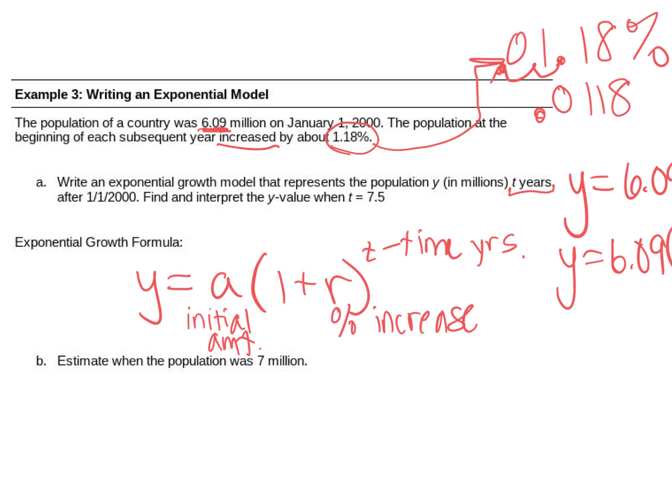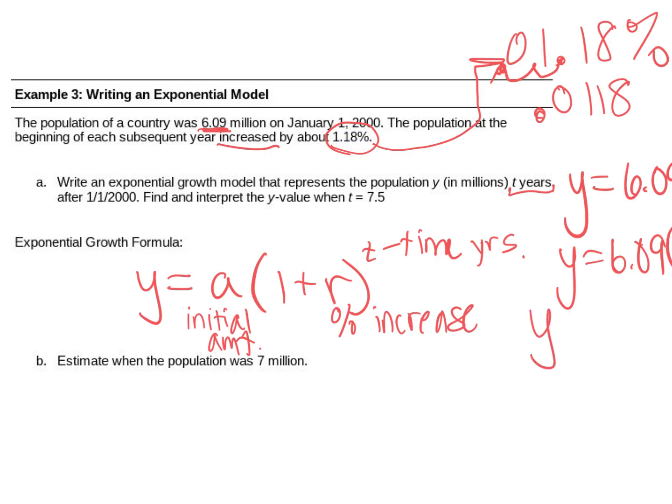So that would be January 1st, 2006, I believe, about halfway through. Oh, never mind. You can't think of it that way. Nope, don't think of it that way. Because it's the amount of years after that year, which still confuses me, but here we're at. So, find and interpret the Y value.